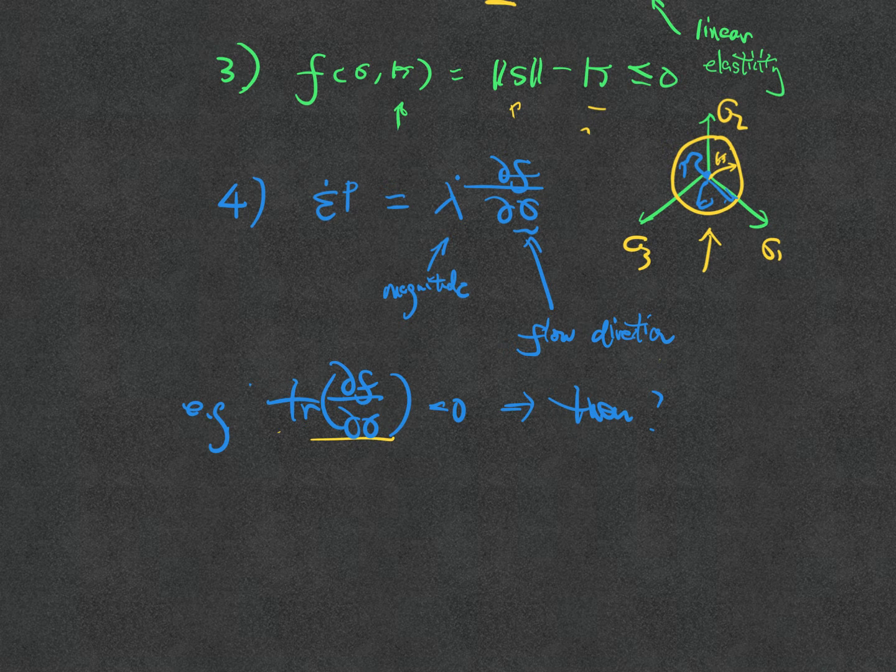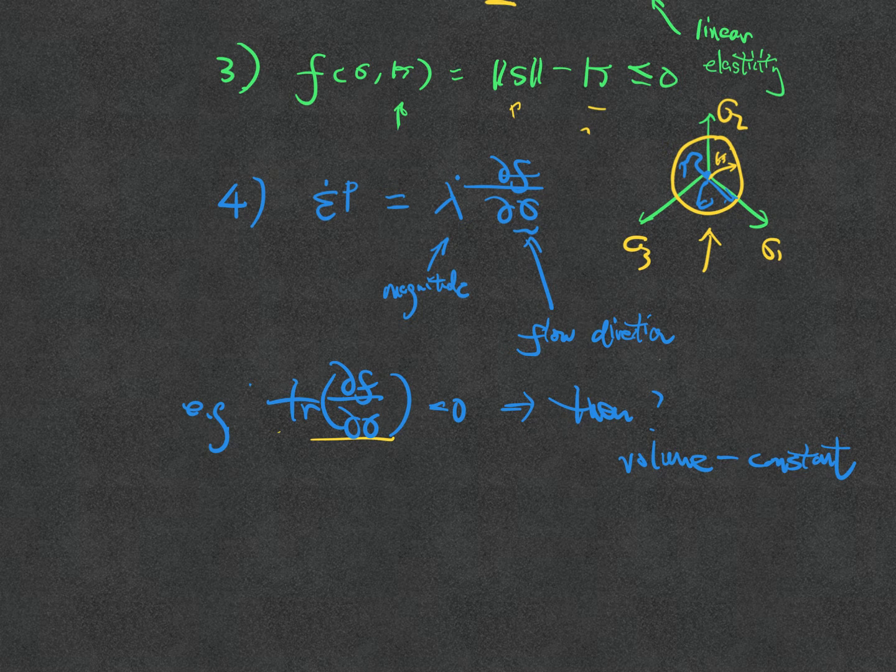If the trace of the stress gradient is equal to 0, then what kind of deformation would you have? I think, Chairman, do you know the answer? Yeah, you can have all different kinds of plastic deformations, but then the volume will be constant.